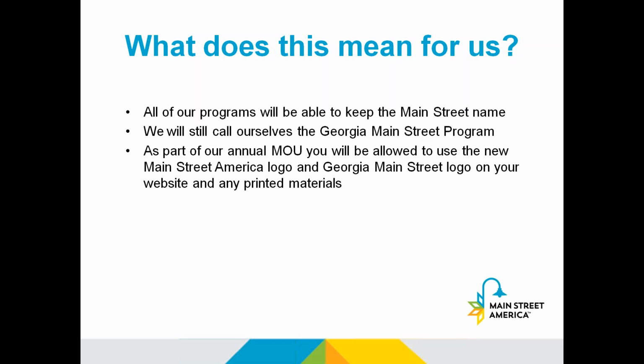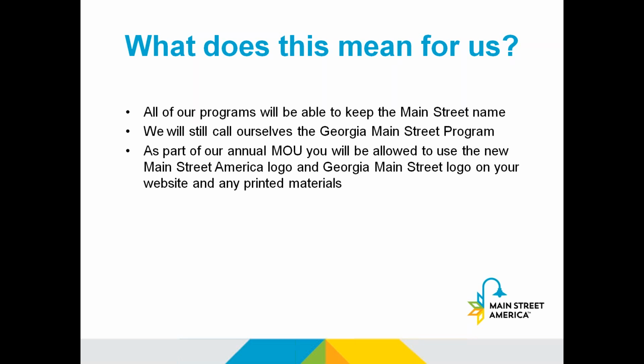You do not have to call yourself Main Street America. That is just an accreditation level that you'll be receiving. We are still going to call ourselves the Georgia Main Street program. We're not going to call ourselves Georgia Main Street America or anything like that. So we're going to be keeping our name. I expect you guys to keep your name. You do not have to do anything big, changing, or sweeping in regards to that.